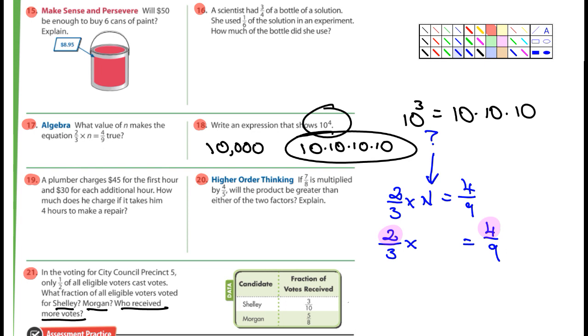Which is larger? Well, there's a larger numerator on top here. So 5/8 is the larger fraction. So that's another way you could compare fractions. Sometimes it might be easier just to draw a line, other times it'd be a little bit harder, and then you can do this.